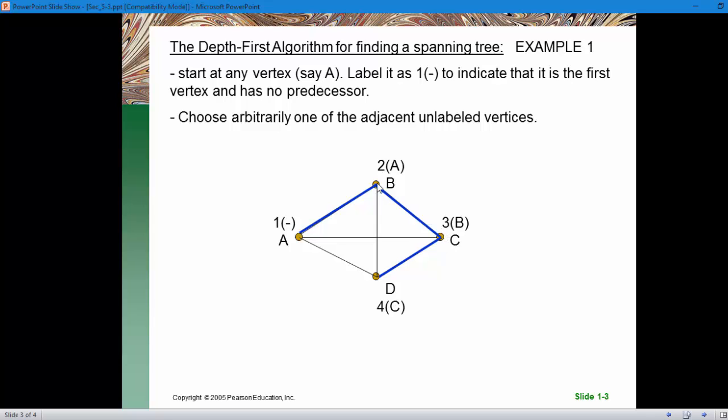Then we backtrack to B. From B, let's try to go through another route, another direction. Again, there is nowhere to go. That means I backtrack and I go back to A. From A, I try to go through a different direction, and there is nowhere to go. That means I reach the end of the algorithm. There's no place I can go from here.